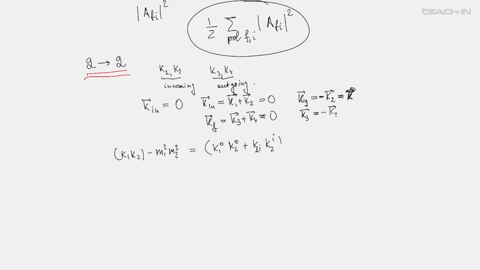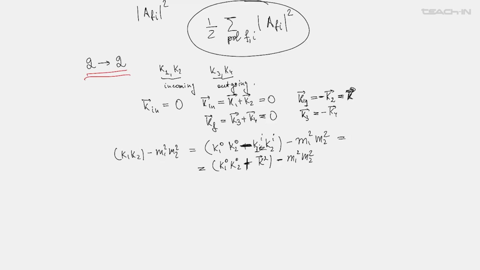Raising the index up gives me a minus sign, but given the fact that K2 is equal to minus K1, that means minus K, I can write this expression as K10, K20 minus K squared, minus M1 squared, M2 squared, right? So minus with minus just gives me plus. That's why I get this plus for this expression.